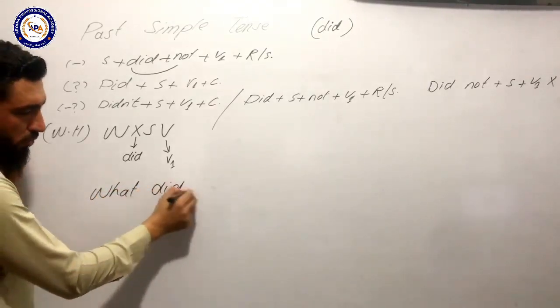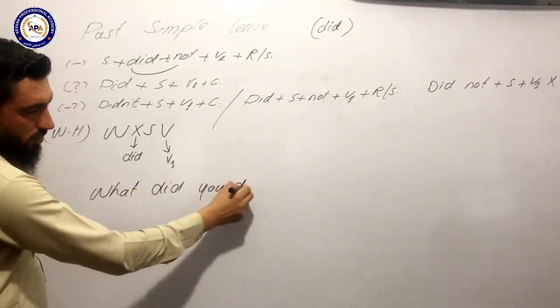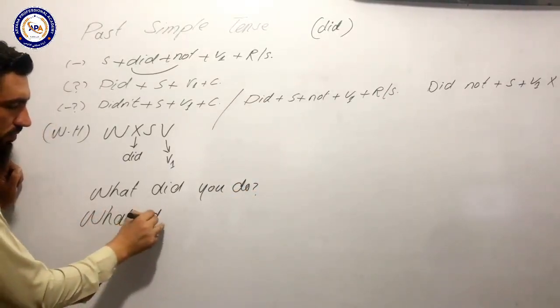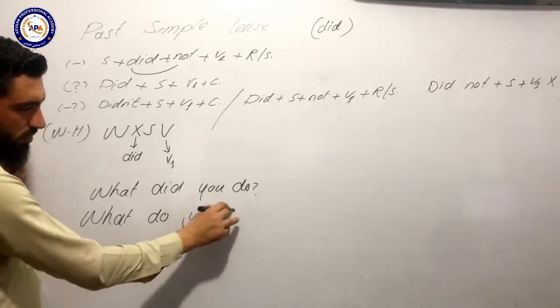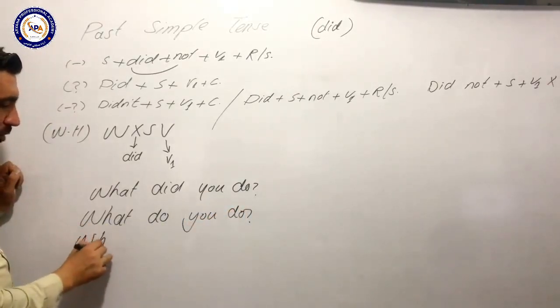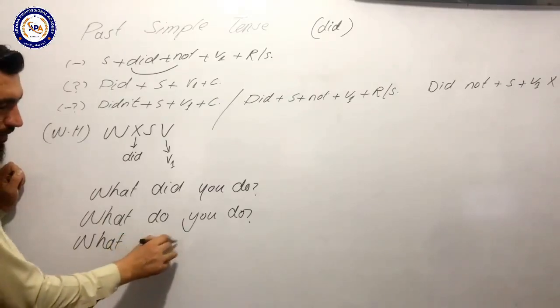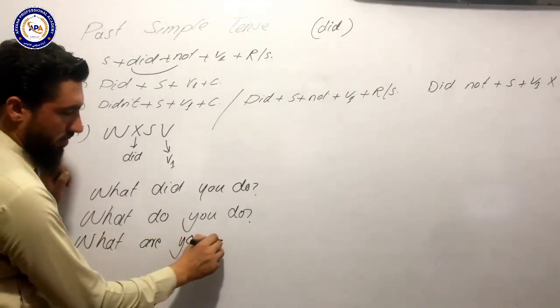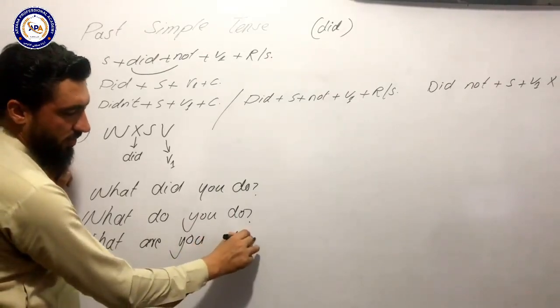Like, what did you do? What do you do? That is present simple. And what are you doing? What are you doing belongs to present continuous tense.